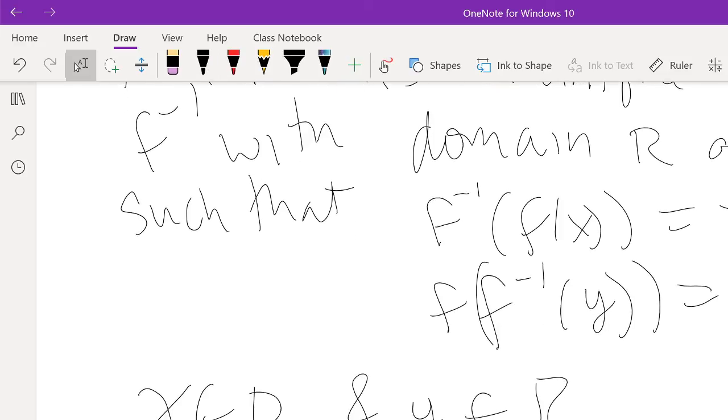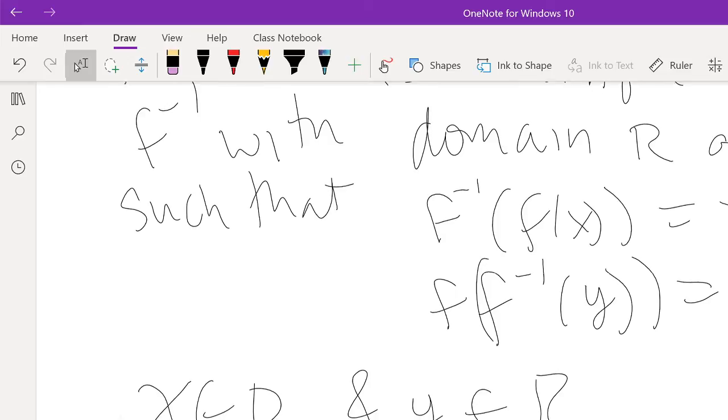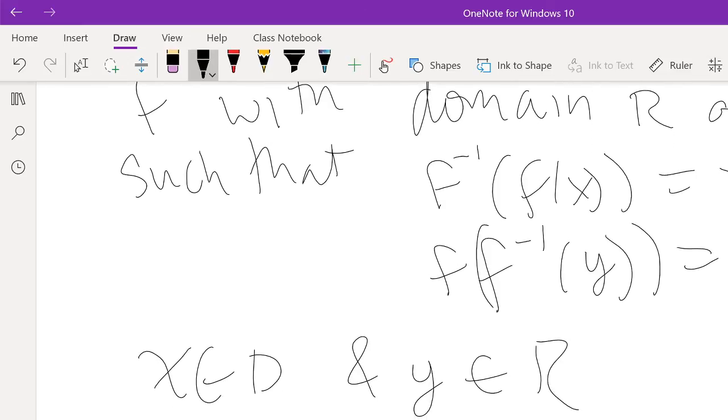Okay, so now moving along here. We defined the inverse and the necessary conditions for the existence of an inverse. So now let's bring in some calculus.